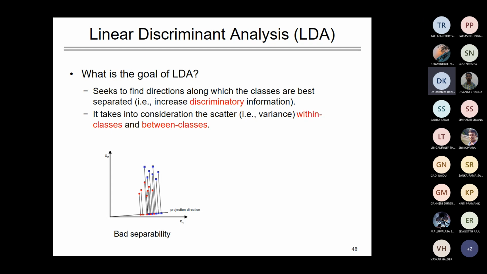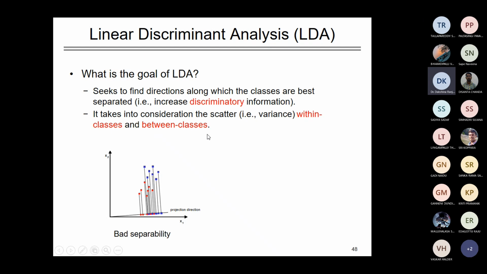Now, it takes into consideration the scatter matrix, that means the variance within classes and between classes. So at the same time we consider two different aspects: the within class scatter matrix and the between class scatter matrix.